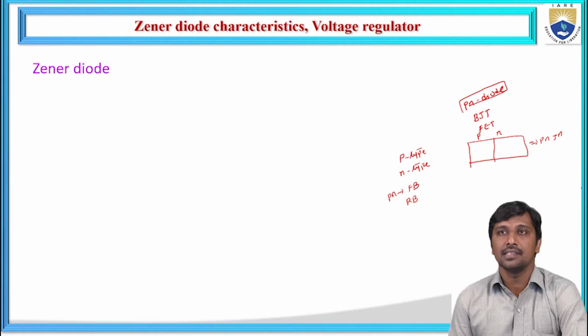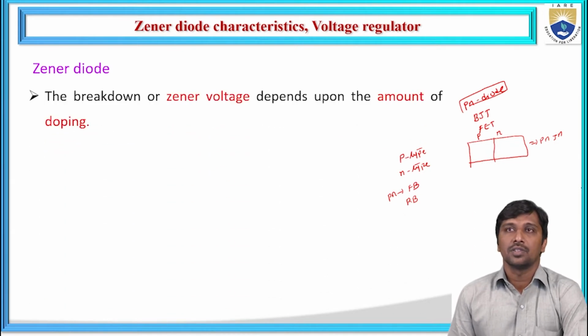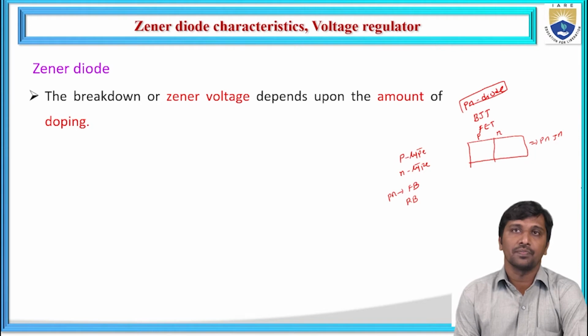But the difference is the doping levels are different in a normal PN junction diode and the Zener diode. So that is the reason for the breakdown voltage, which is also called the Zener voltage. Here we are saying how much voltage is required, that is, what is the breakdown voltage.